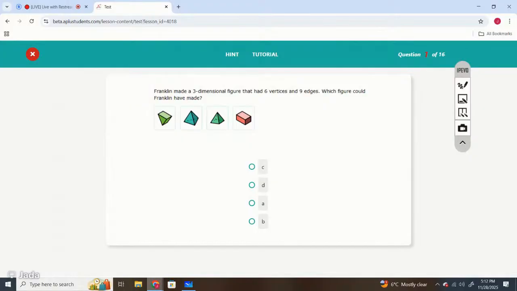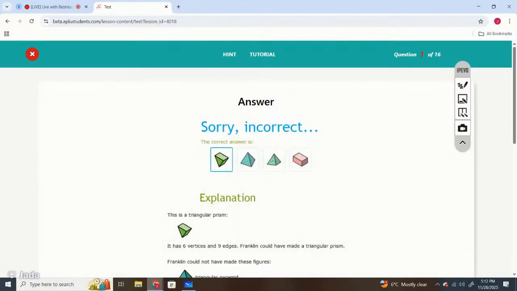Nine edges and six vertices, right? Option 1, 6 vertices and 9 edges. Okay, option number 1 is the correct option.